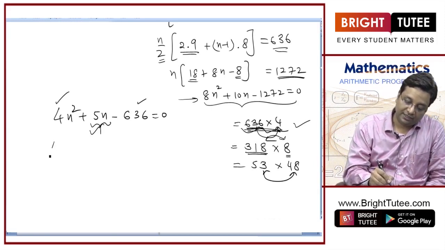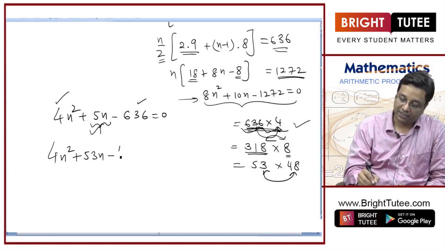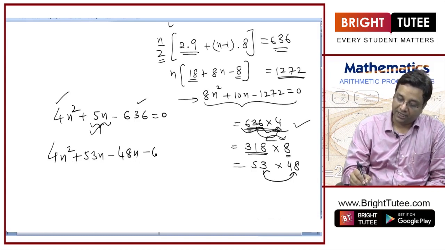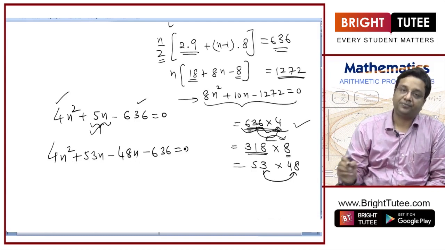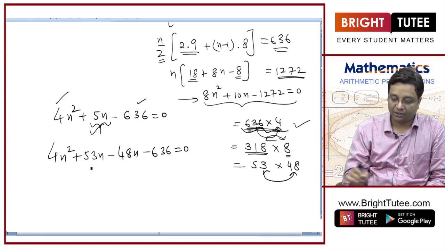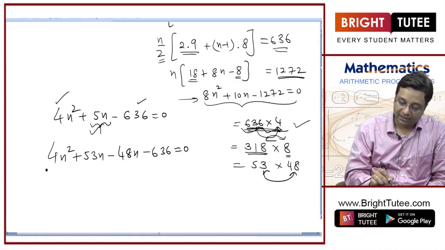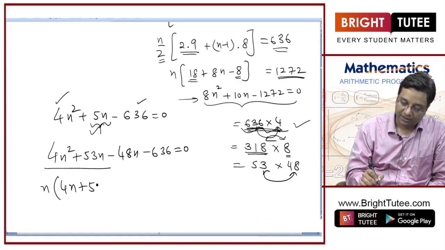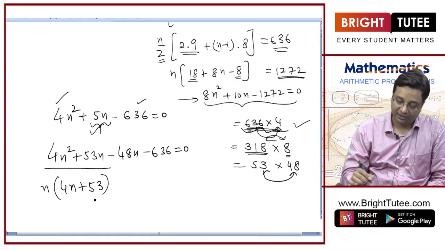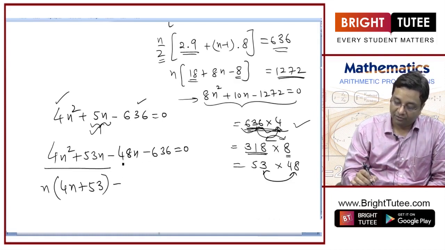So I can factorize this as 4n square plus 53n minus 48n minus 636 equals 0. So now this is a very simple quadratic equation. We can take n as common here. It will become 4n plus 53, right? So what do I have to take common here?